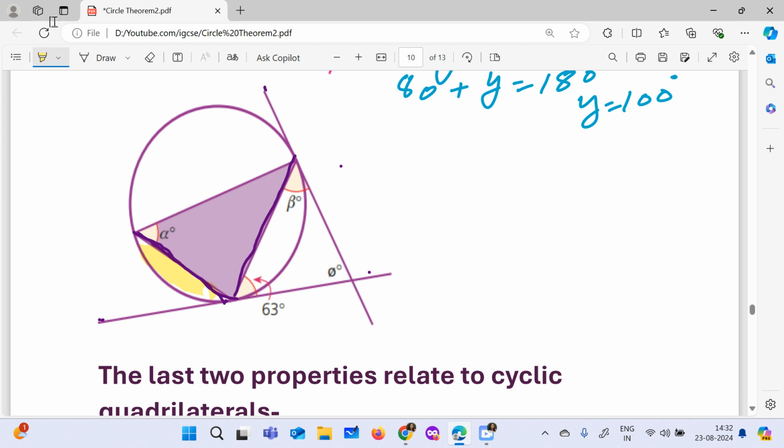Also, the angle is formed from this chord. From this chord and the tangent here, they are forming this angle, that is 63. We will consider this as one of the segments, and then your alternate segment will be here. From this point we have this angle alpha. So what will be the measure of alpha?